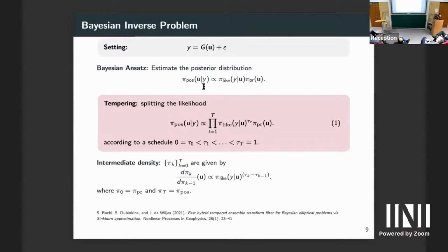But because I want to use the data assimilation techniques, I want to temper. This is not only smart because of that, but often if you start off with the prior quite far away from the posterior, it's better to go smoothly towards your posterior in smaller steps than trying to do one big move at once.